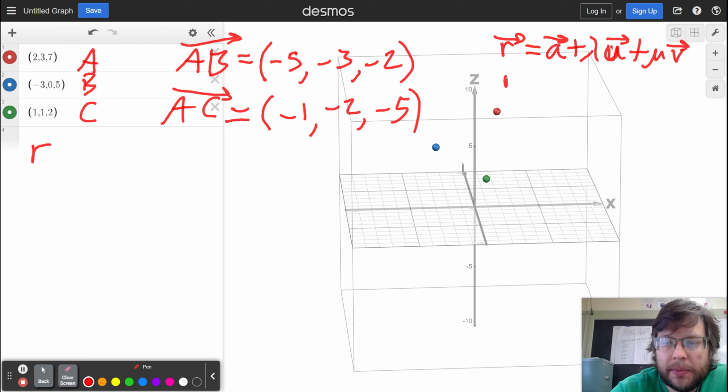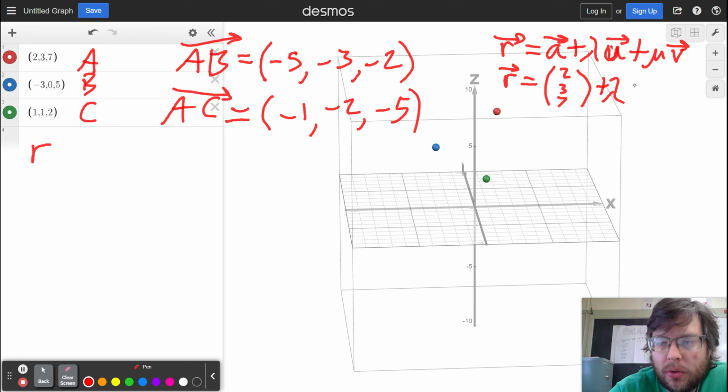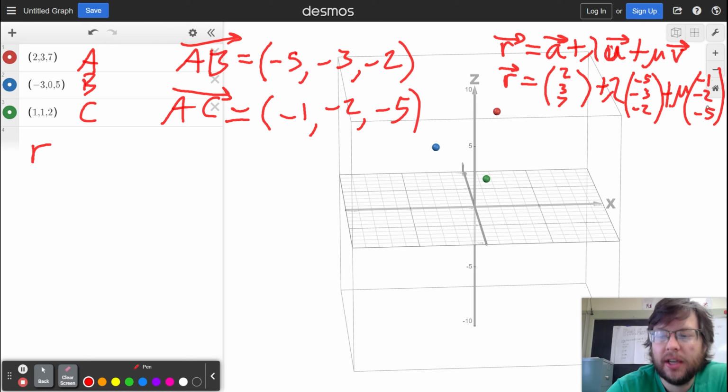So our specific vectors here: any point in the plane, I'll just use A, plus lambda times one of our direction vectors, -5, -3, -2, plus mu times another direction vector, -1, -2, and -5.